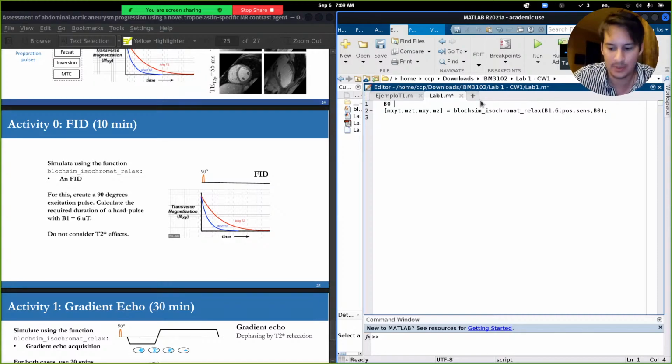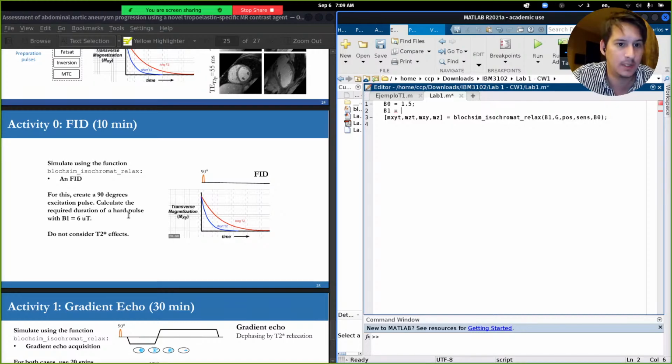Okay, so let's put V0 as 1.5 Tesla and V1 as 6 micro Tesla. Maybe the font is too small for you to see. I can't change it, so let's hope you can read it.